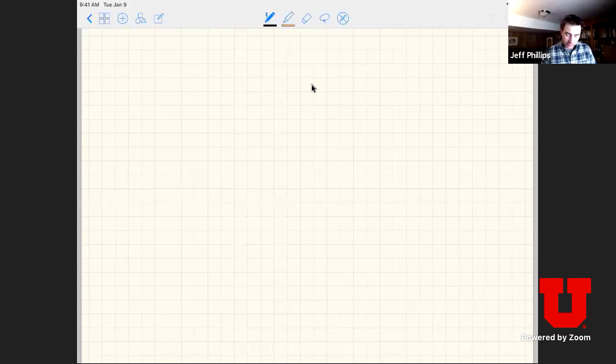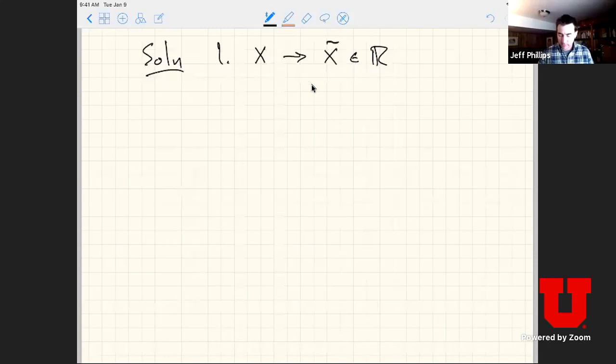The solution to this, we'll go through in two steps. First, we'll map x to x tilde, okay? And so this will be an element of n times d plus 1.